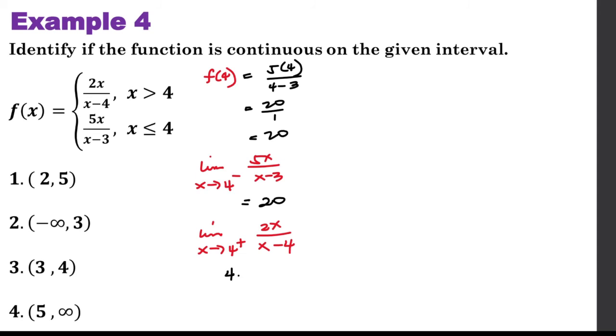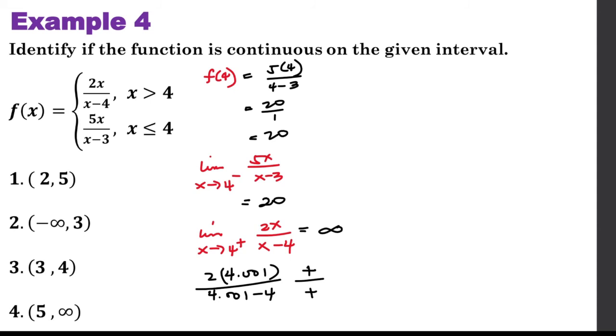So let us write 4.001 times 2, over 4.001 minus 4. So for the numerator, our expected answer is positive, and for the denominator, same is positive. Therefore, the limit of the function as x approaches 4 from the right is positive infinity.